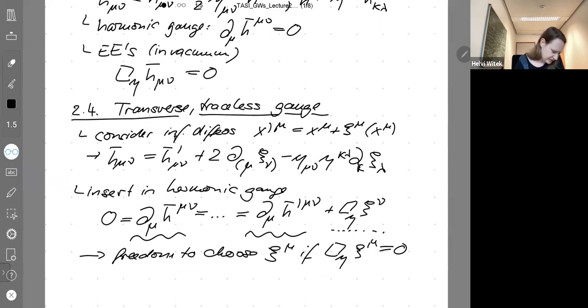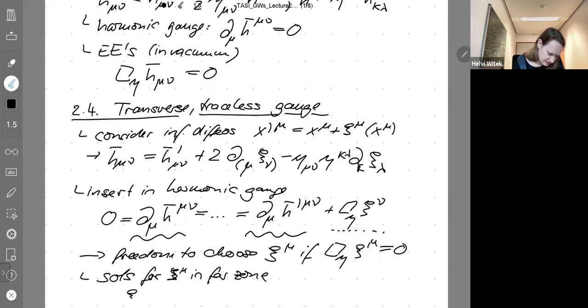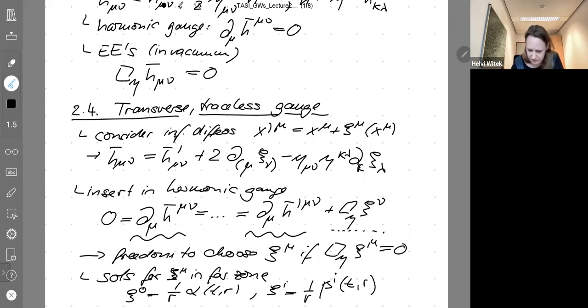Solutions to this wave equation in the far zone can be written with the 0 component having a structure of 1 over r times a function alpha of t and r, and the spatial components xi i written as 1 over r times a function beta i of t and r.